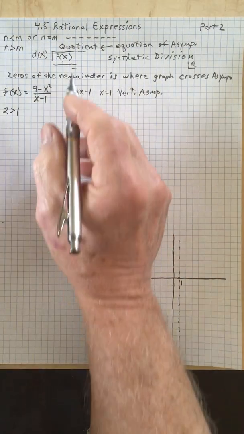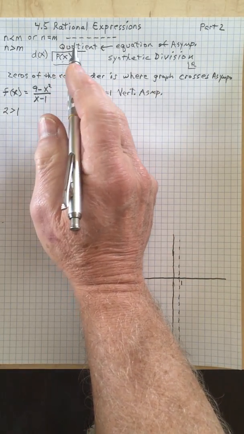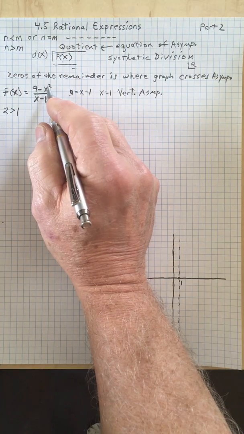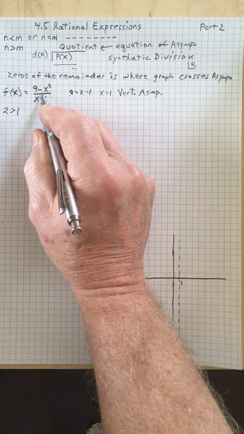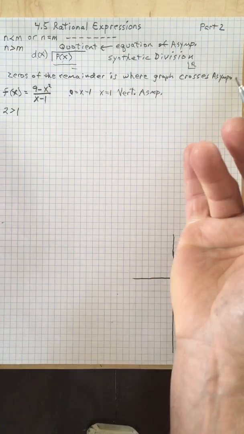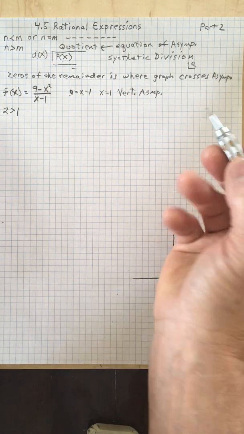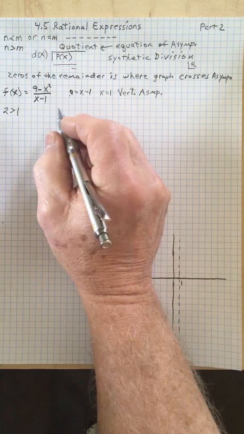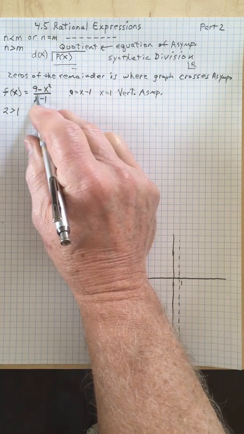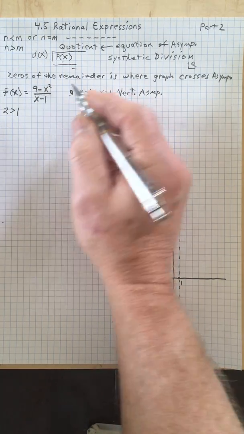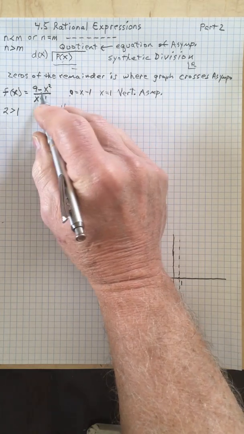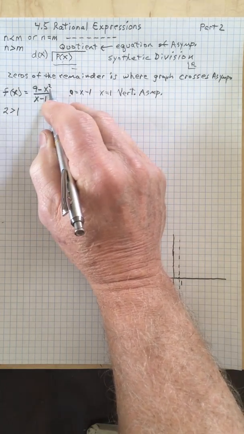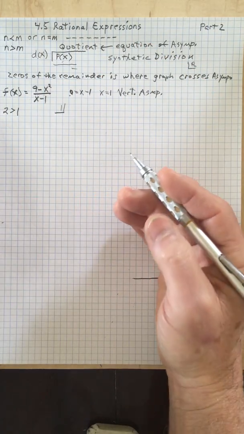So again, it's a normal division problem: this divided by this. This is linear, with a degree of 1, so synthetic division is available. With synthetic division, I put in the zero of this, which would be 1. If x was 1, that's the zero.